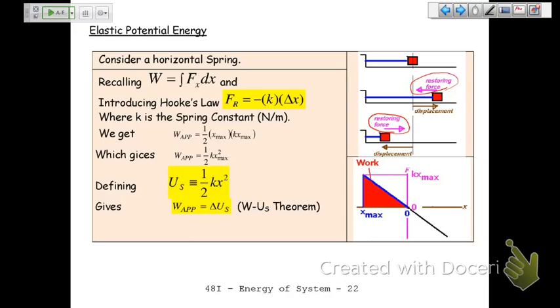If I triple my distance from the center of the Earth, I get 1/9. Springs actually follow a linear law. If I double my displacement, I get twice the force. If I triple my displacement, I get 3 times the force, not 9 times the force, or 1/9 the force. So in a whole bunch of ways, it's a very contrasting force-displacement relationship.